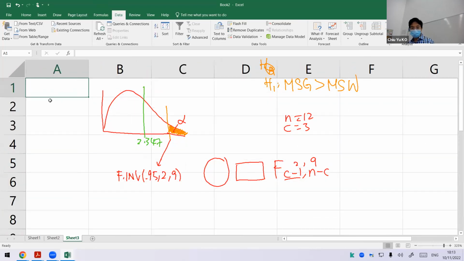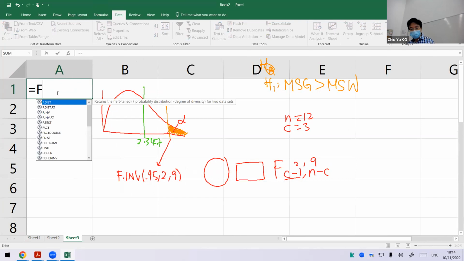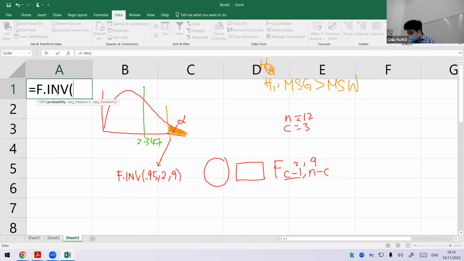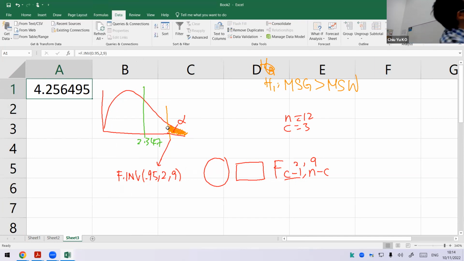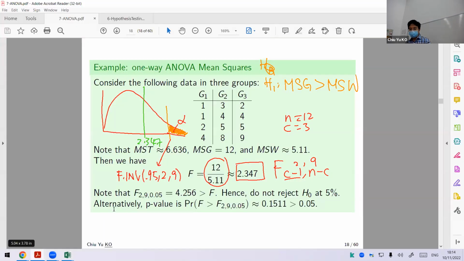It's 4.2 something. So 2.347 is below it, so you can't reject, which means you really cannot reject that the groups are the same. You can also do the p-value, with F.TEST, the same thing.